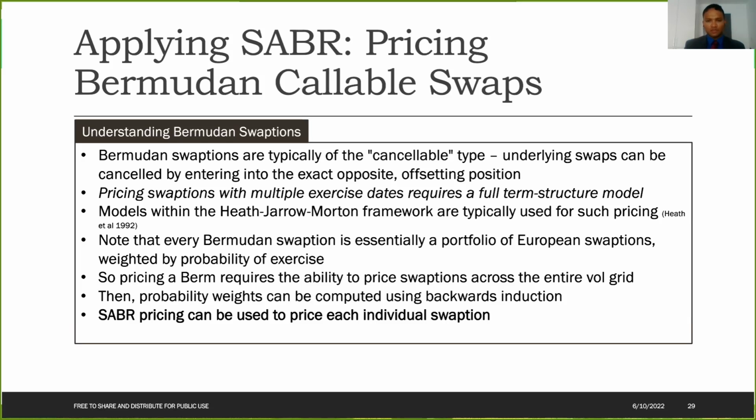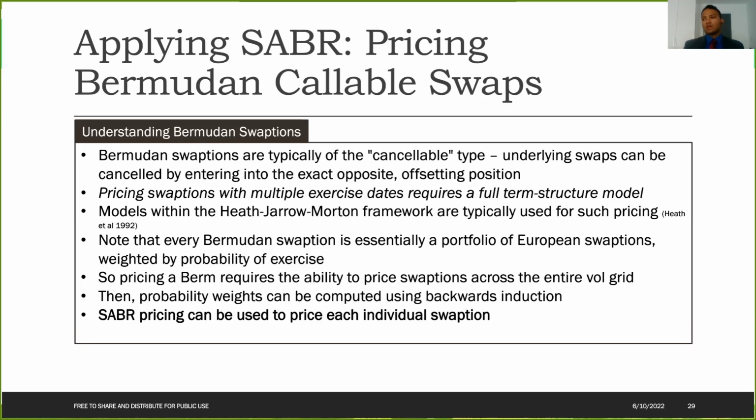That essentially means that the minimum price of the Bermudan is given by the highest value of the entire portfolio of European swaptions corresponding to all of the forward rates implied by that Bermudan.